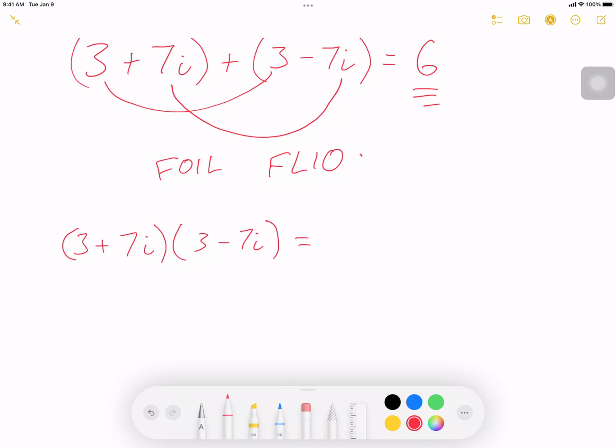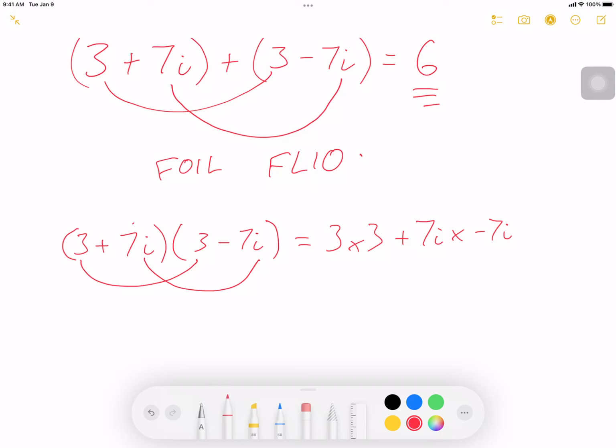We're going to go first times first, which is 3 times 3. Last times last is going to give me plus 7i times minus 7i.